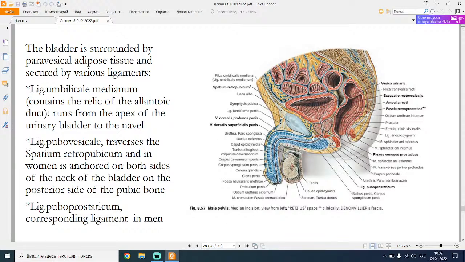The bladder is surrounded by paravesical adipose tissue and secured by various ligaments.